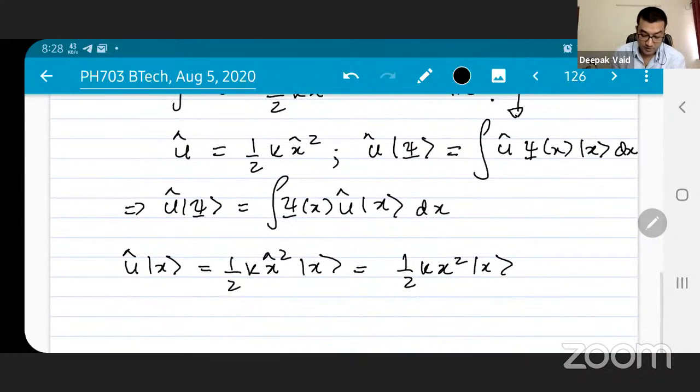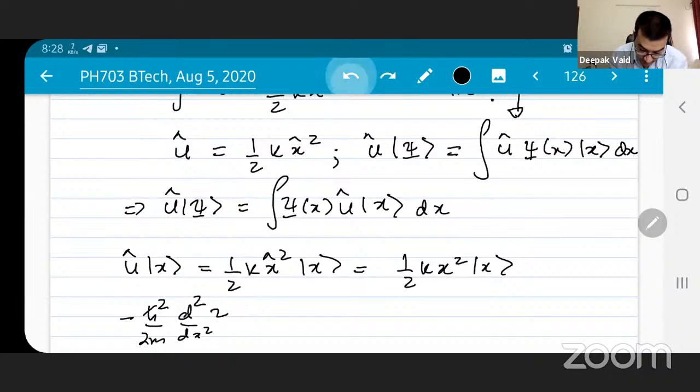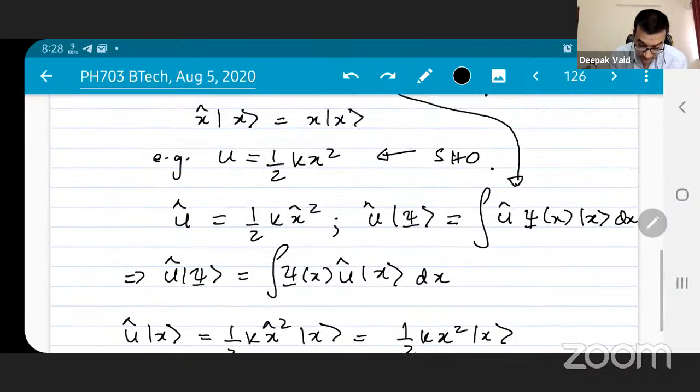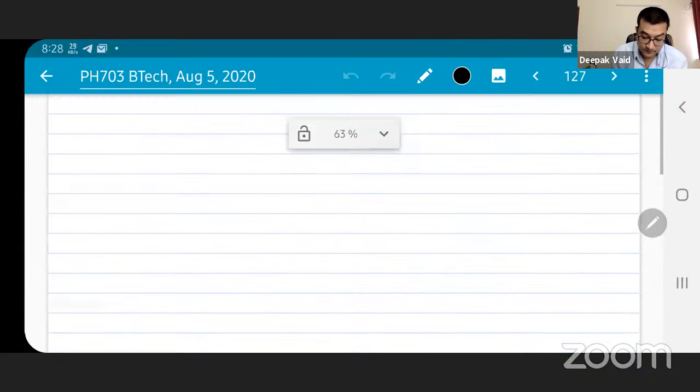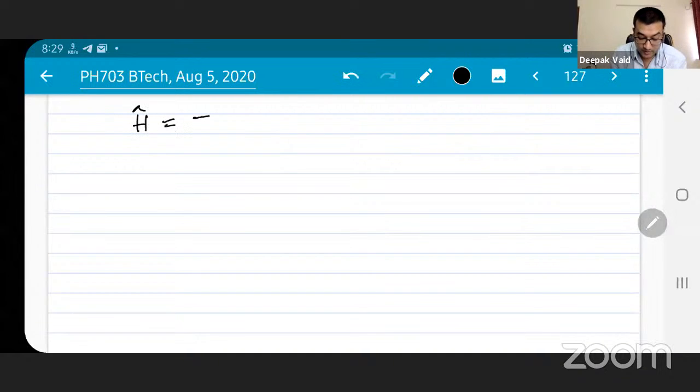So my final Schrodinger equation will take this form. Sorry, this is too close to the edge of the screen, so maybe I'll just start on this page. My final Hamiltonian operator will become T plus U. What is T?